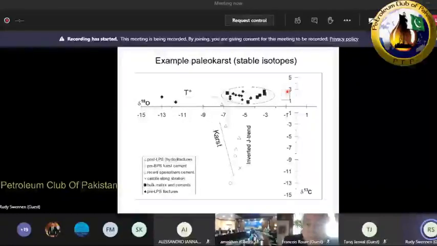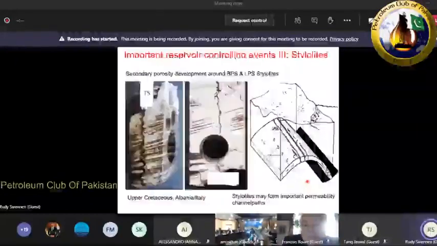And very often you will see that you will have cements which are more negative than the marine water in relation to meteoric water, but some of these cements will also have negative carbon signatures because soil-derived organic CO2 is taking part in the entire system.